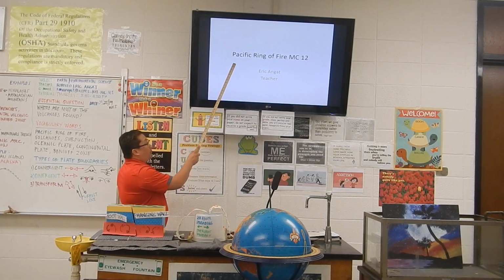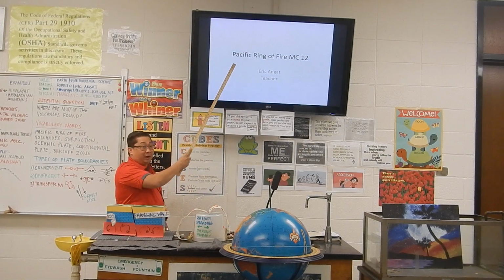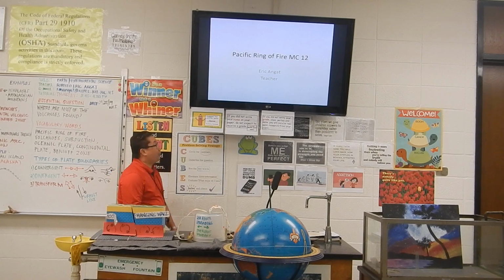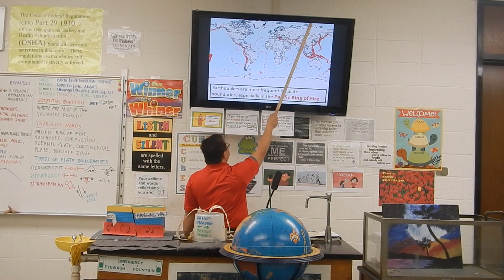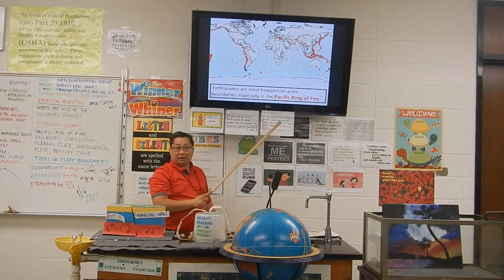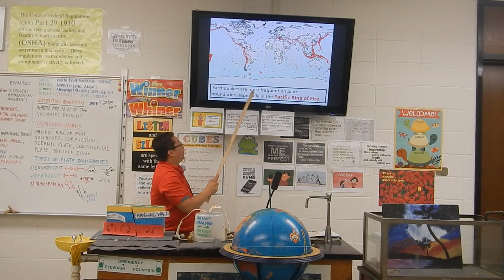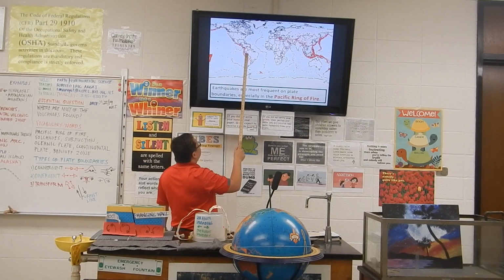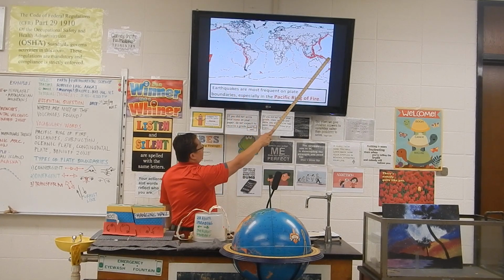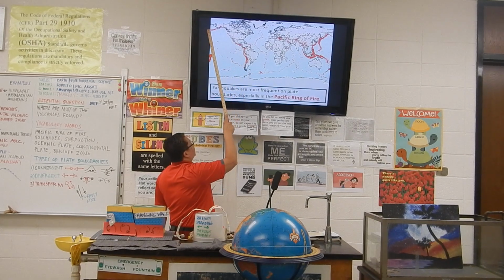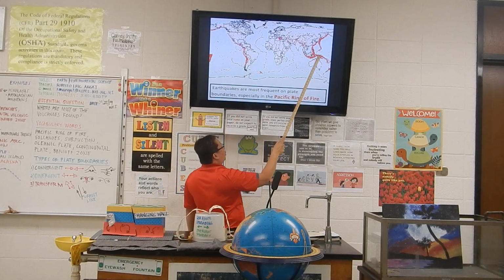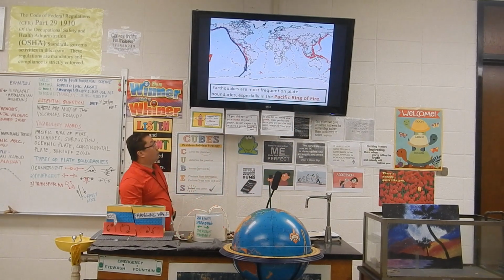Today we'll be learning about the Pacific Ring of Fire. So what is the Pacific Ring of Fire? This map here shows us not only the continents and the oceans, but it also shows us the occurrence of earthquakes. This place here that has a lot of red dots, this is what we call the Pacific Ring of Fire.